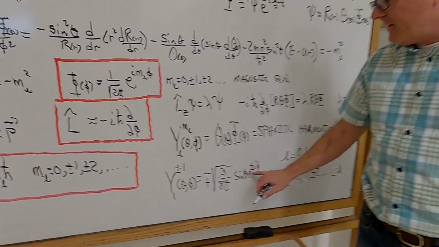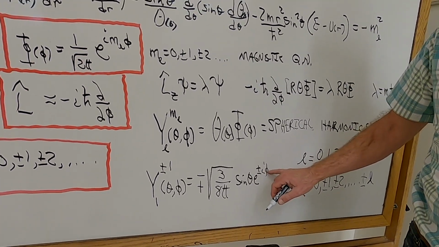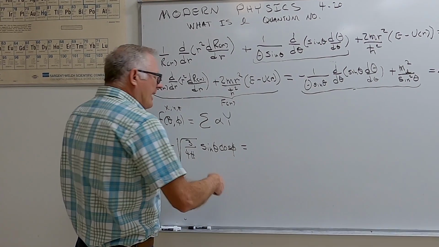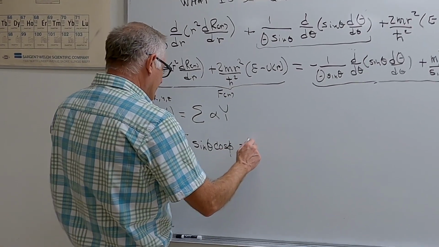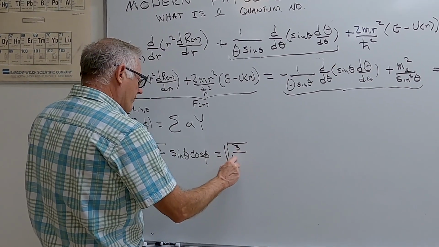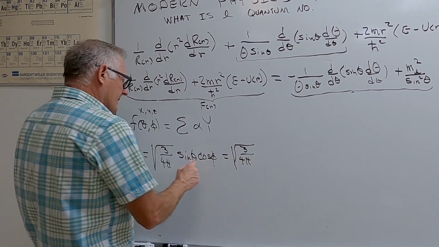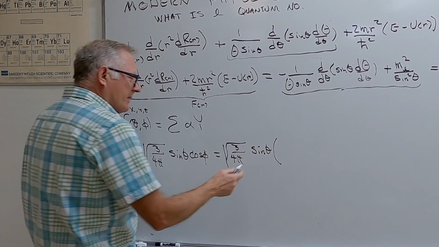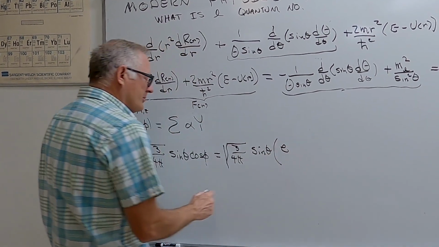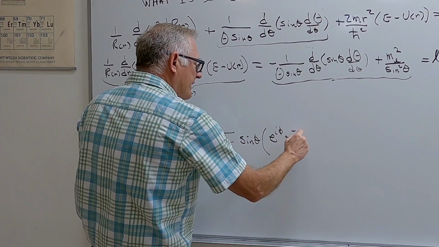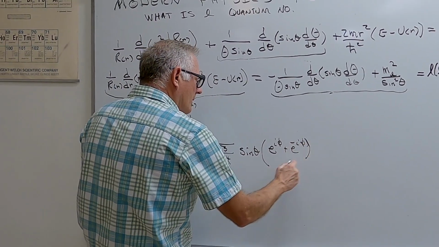They were all e to the plus or minus some number times i phi. So what I should do with this one is turn the phi part into exponentials: e to the i phi plus e to the minus i phi, all over 2.